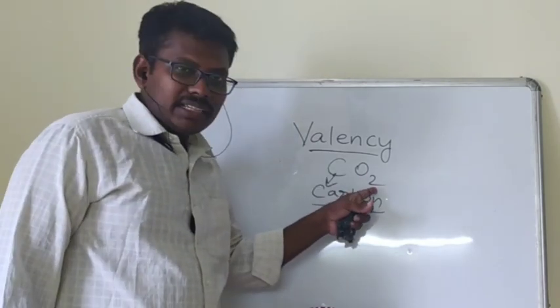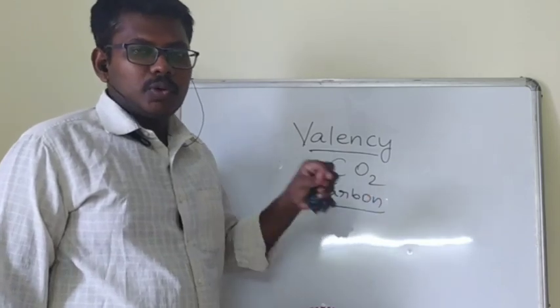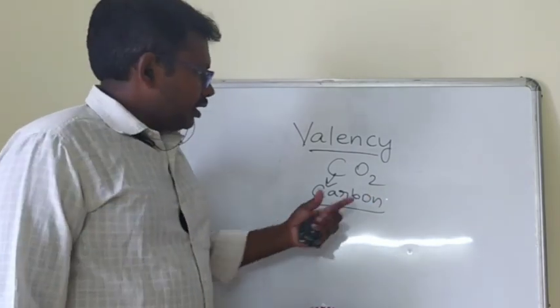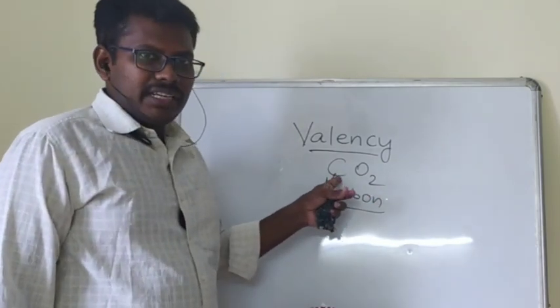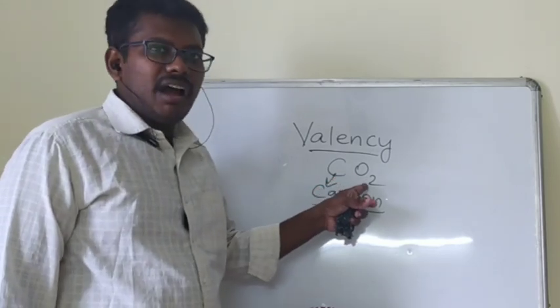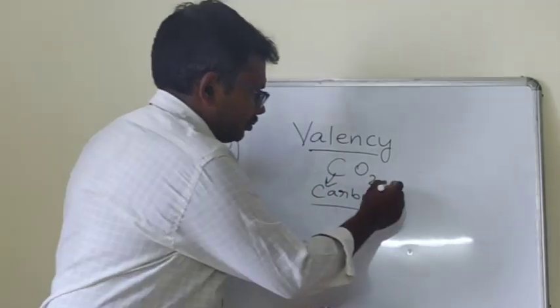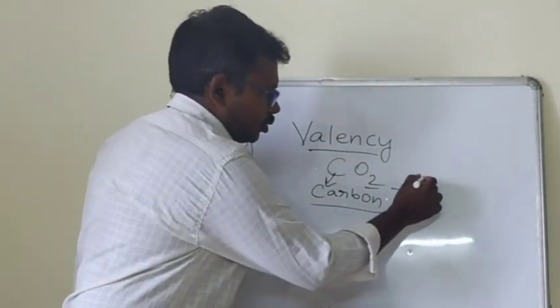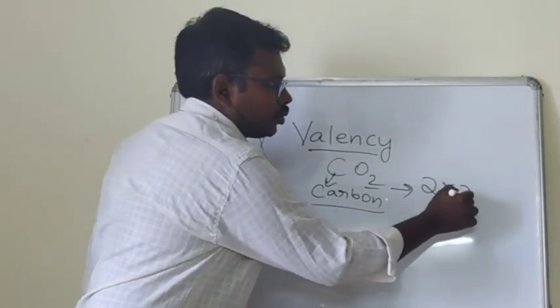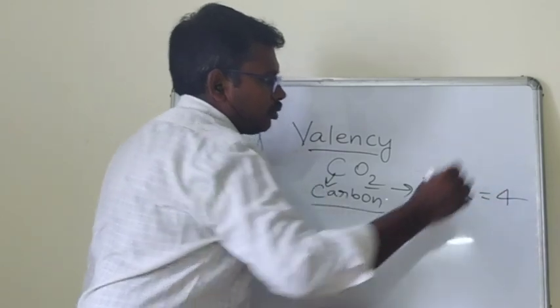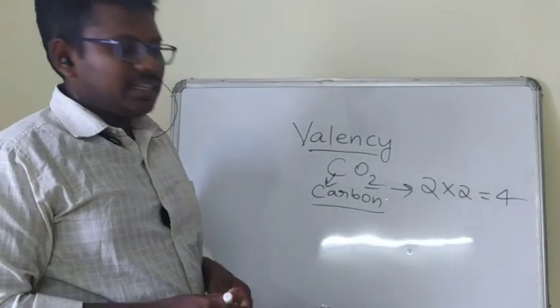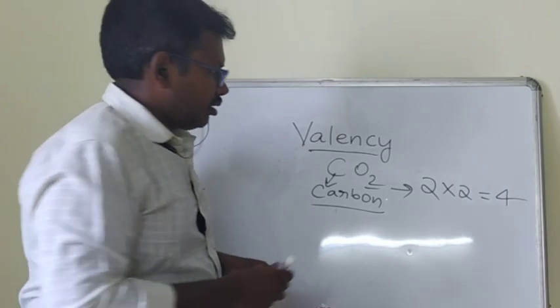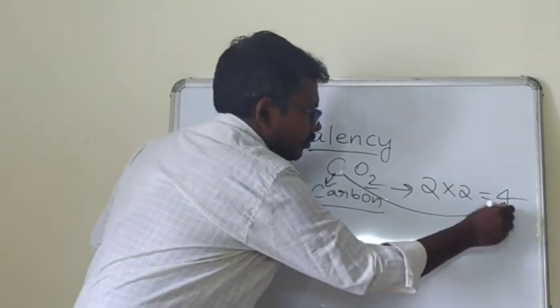Here how many oxygens are there? 2 are there. So the valency of the element is twice the number of oxygen atoms. Twice means 2 into 2 is equal to 4. So the valency of carbon is 4.